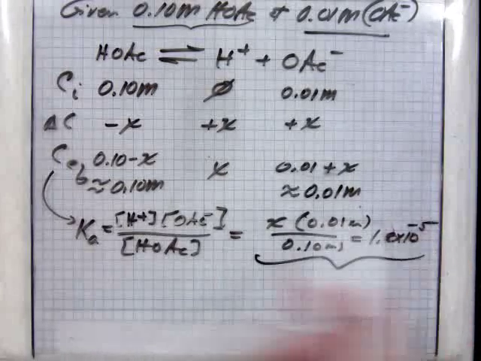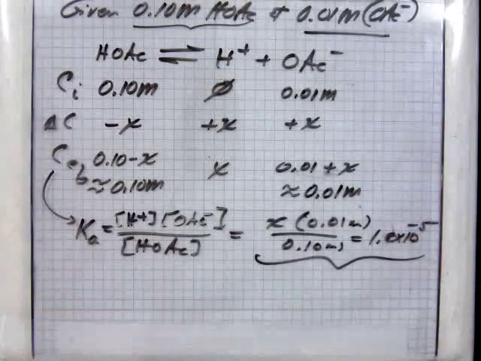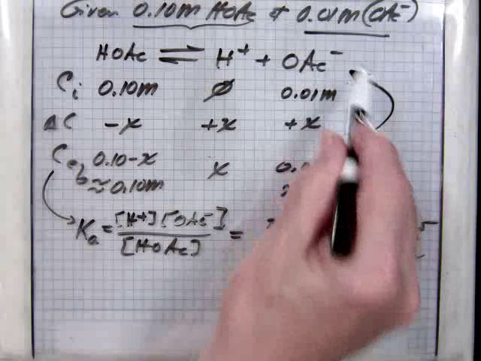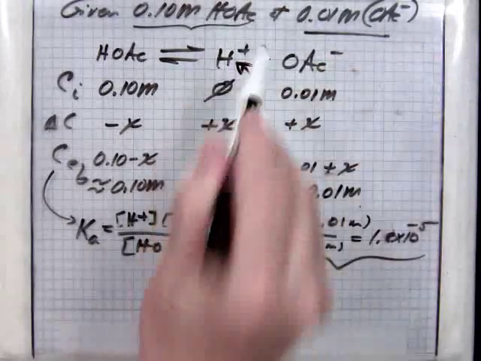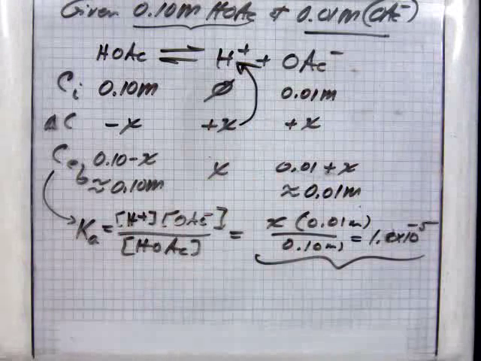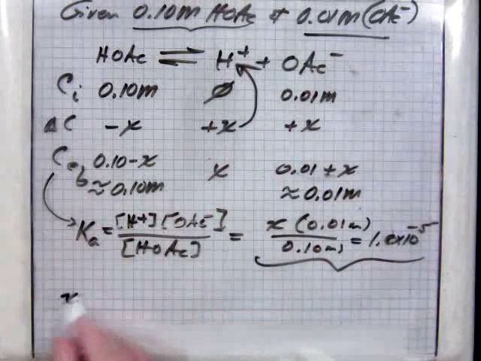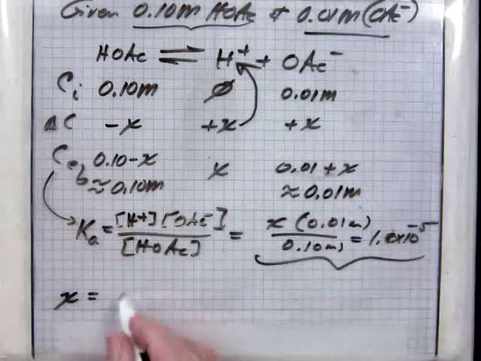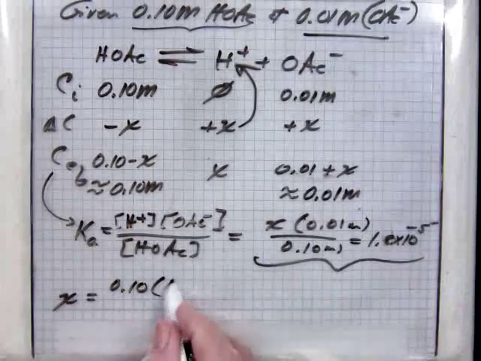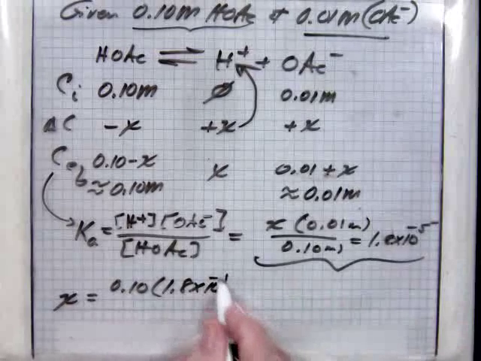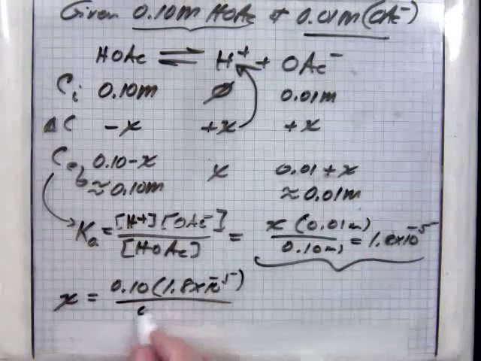So this is what you want to solve for x. x is the hydronium ion, which is what we want to calculate in this one. So solving for x, that would be 0.10 times the Ka value, 1.8 times 10 to the minus 5, over 0.01.